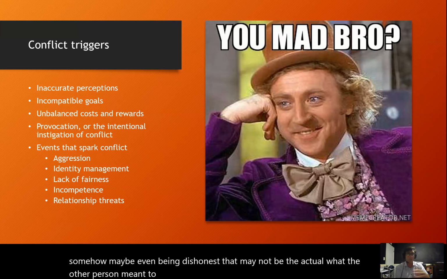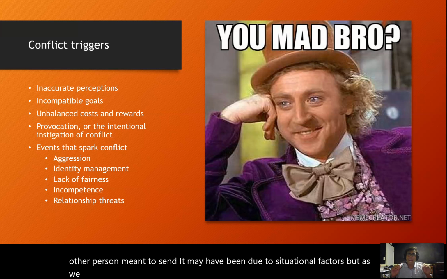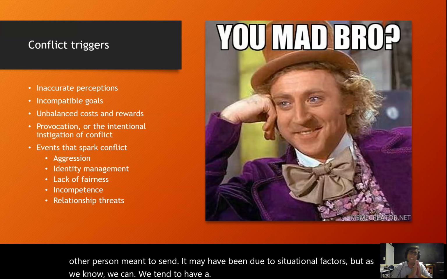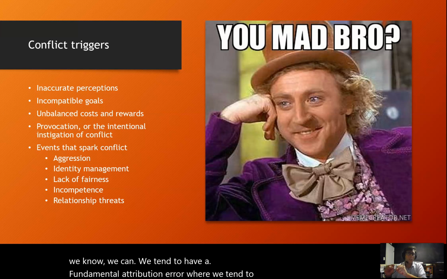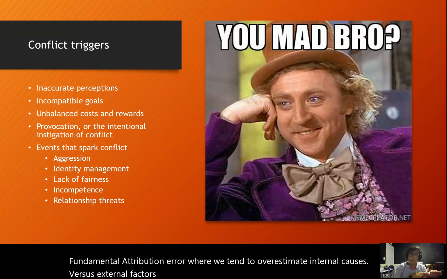It may have been due to situational factors, but as we know, we tend to have a fundamental attribution error where we tend to overestimate internal causes versus external factors or external situations.